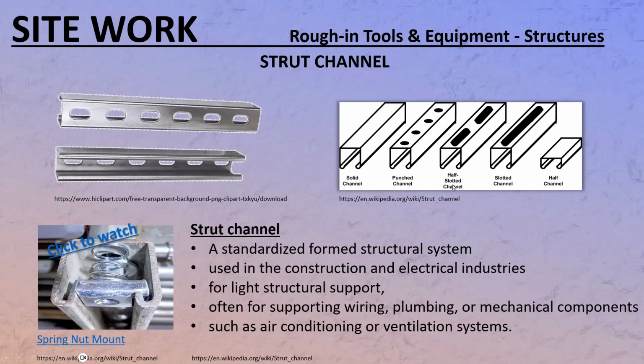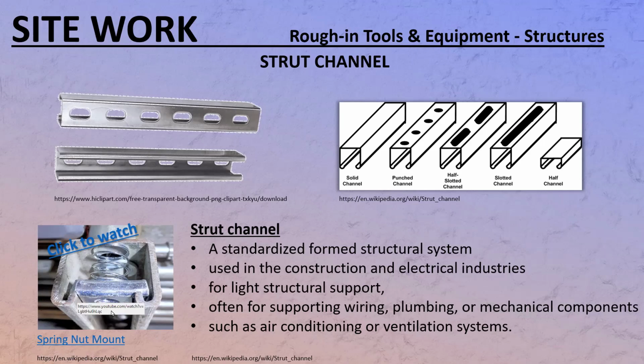That half-slotted is probably the most common one that you can get. It is constructed in such a way that you can mount things to it. Like, for example, this here that is called a spring nut. A spring nut, once you download this thing, click on this, you're going to see like a 1 and a half minute video or something like that on how to install those spring nuts.